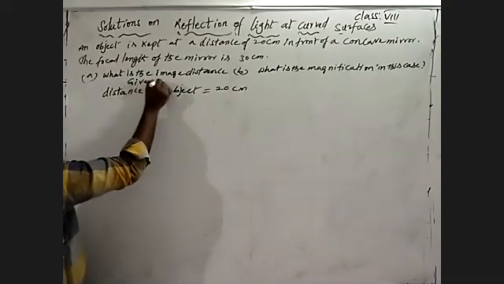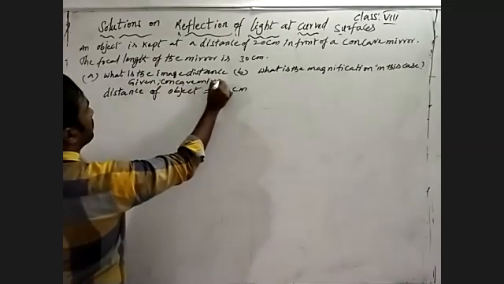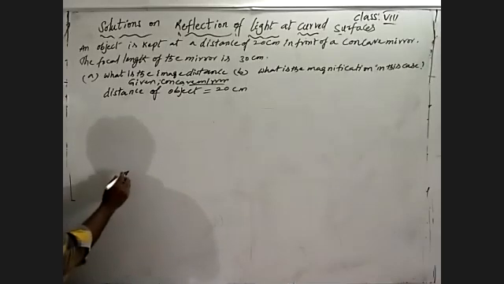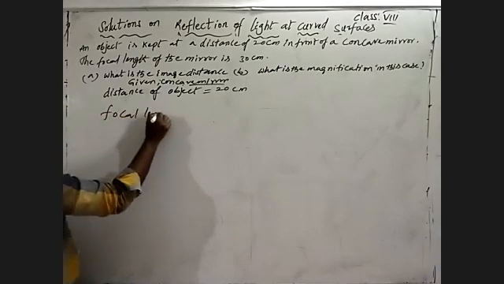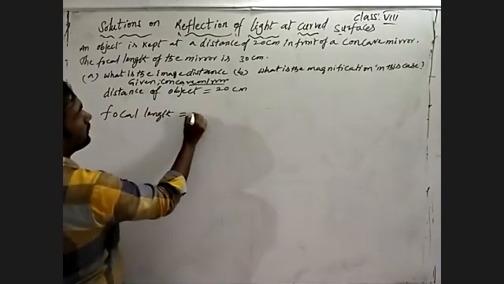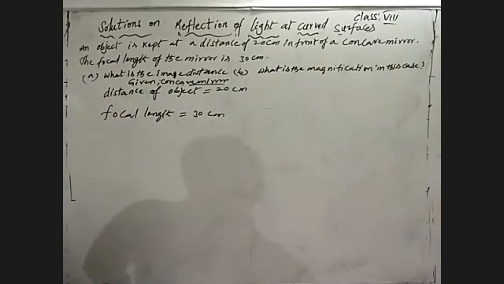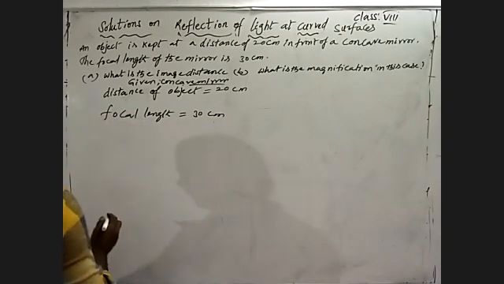Given what? Concave mirror. Also the focal length is given: focal length of the mirror is equal to 30 centimeter. In the first question we have to find the image distance.